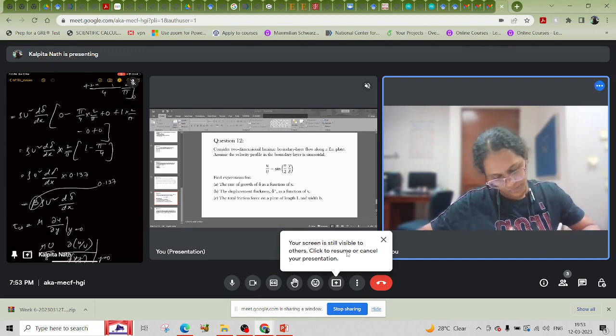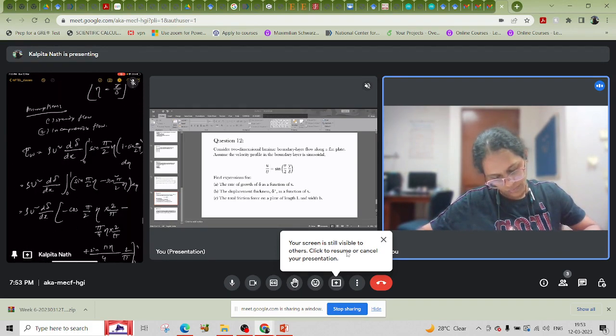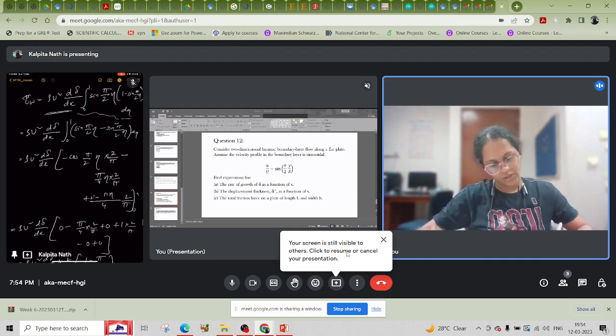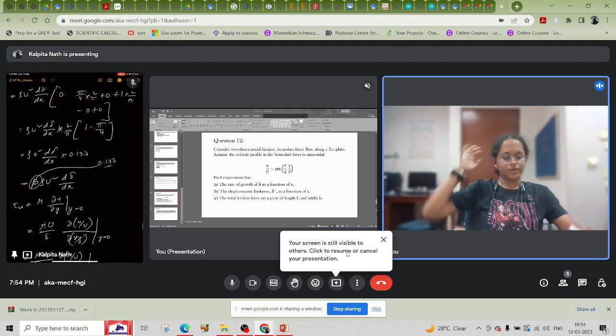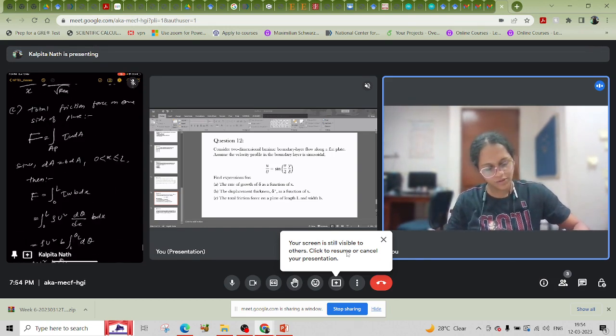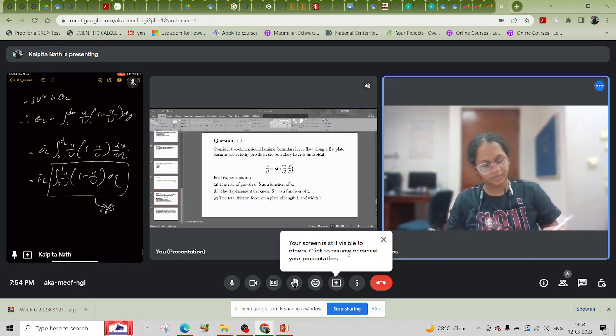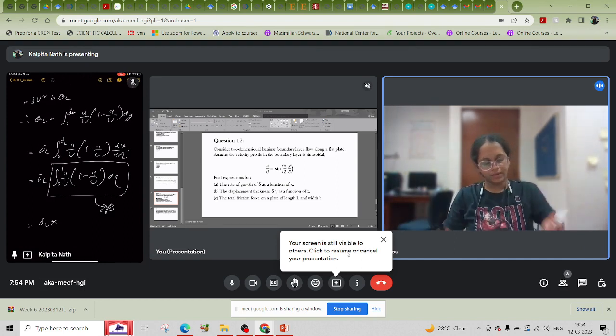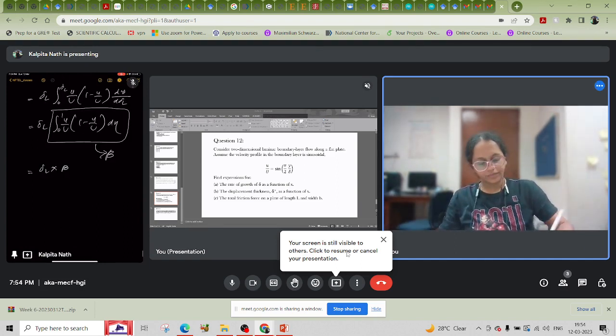See here, this whole portion came out to 0.137, so delta L into this 0.137 beta, and delta L is equal to, we know, 4.80 L by root over Re L.